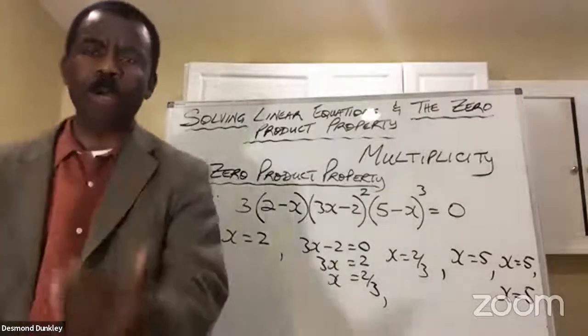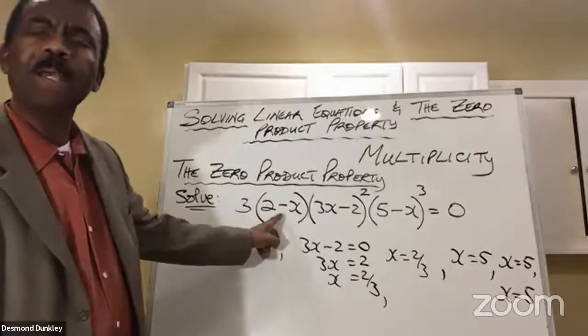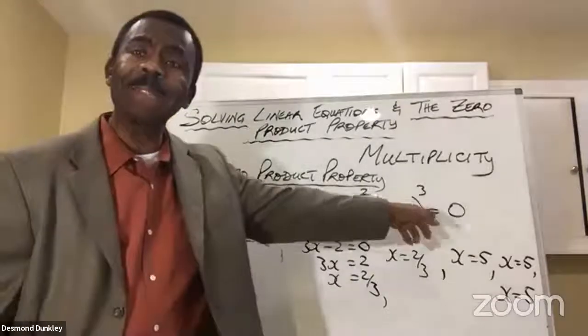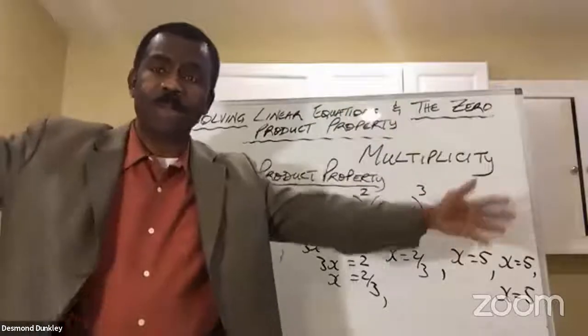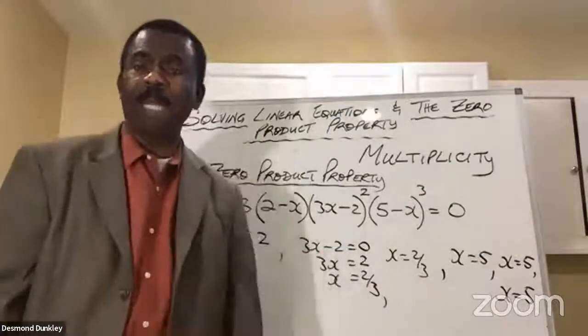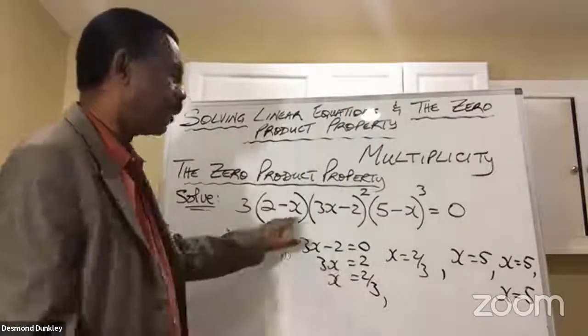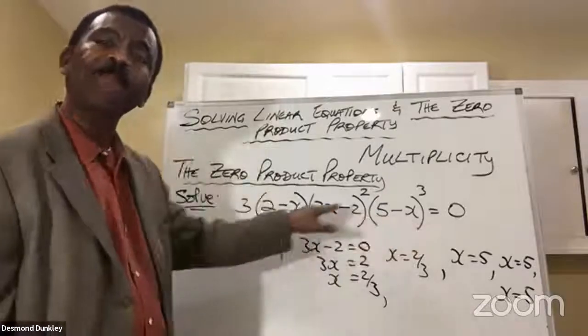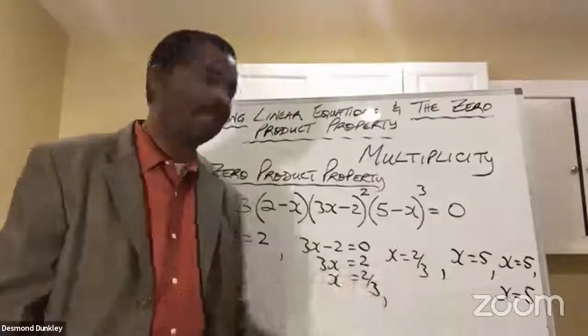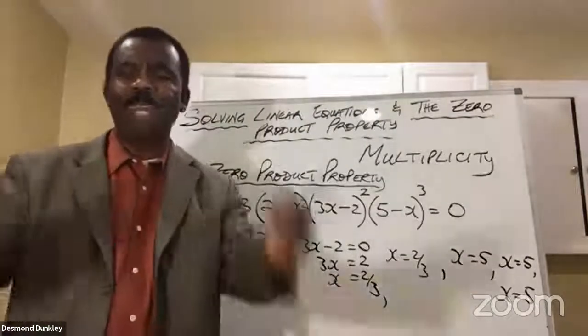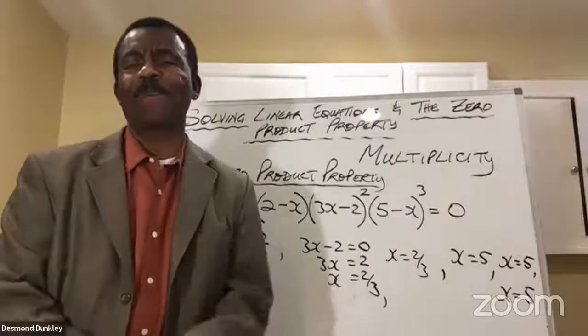And again, I warn you, many students would have gotten lost because they would try to expand and get a degree 6 polynomial. Crazy. I can't even solve that myself. But once it's factorized, once it's set up as a product, boom, zero product property, boom, boom, boom. There are the answers. And you are now the expert.